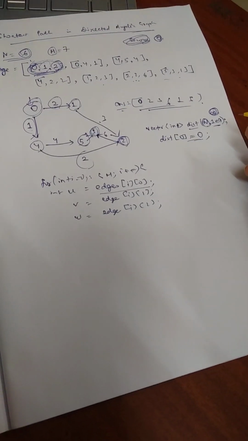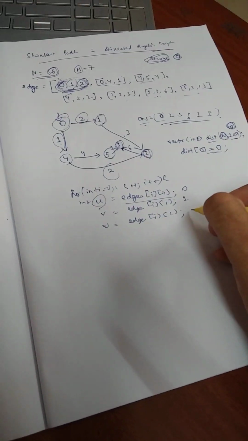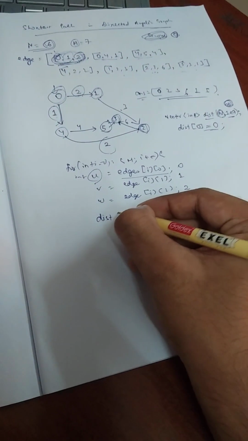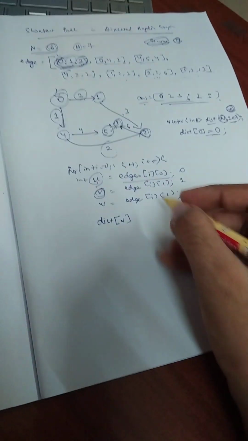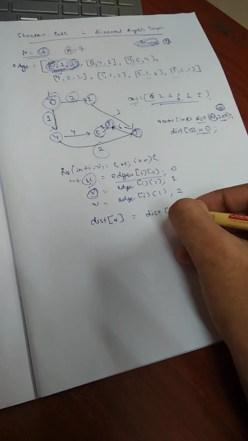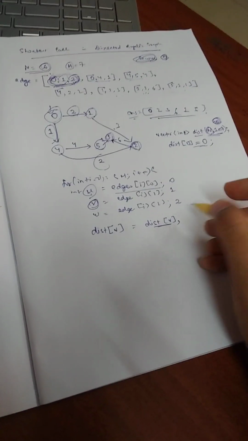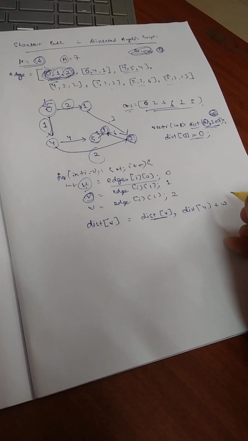So now what we can do is process all the edges as they come. For 0 1 2, u will be holding 0, v will be holding 1, w will be holding 2. Then we can say distance at v, because from u we are reaching v, right? Distance at v is the min of whatever it's holding previously, comma distance of u plus w.